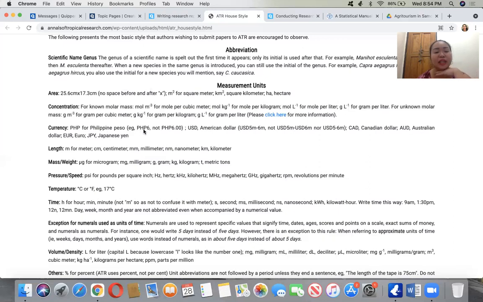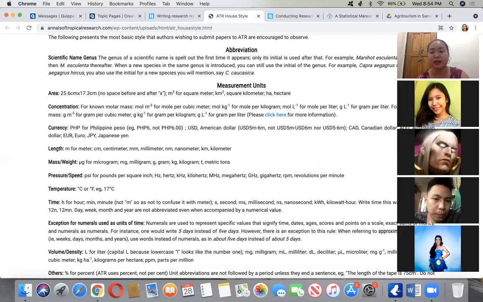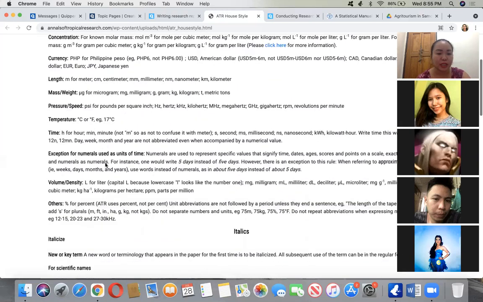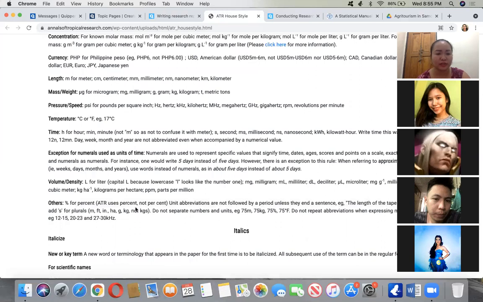And for currency, you should use PHP or USD, Australian dollar, and so on. And for length, you only use m for meter, cm for centimeter, and micrograms, and so on.